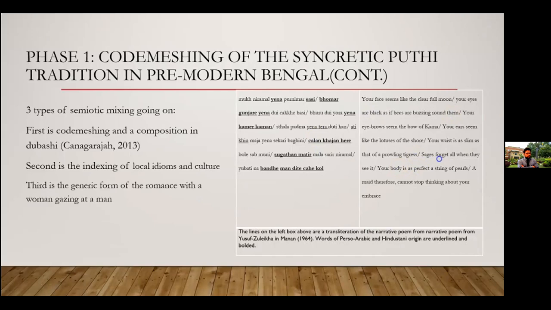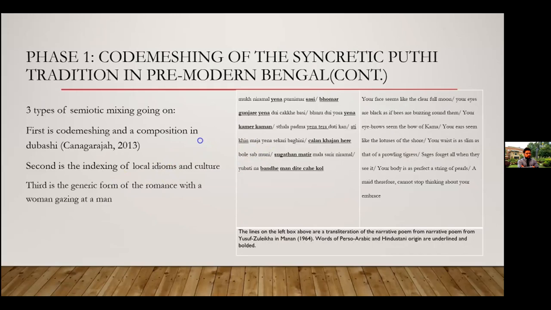And then you see the third form of mixing, or meshing, that's going on here, which is a generic form of the romance with the woman gazing at the man. So that is a mixing of genre itself. So you would never have a woman being the protagonist of erotic desire, or it is not very common in Arabic literature.